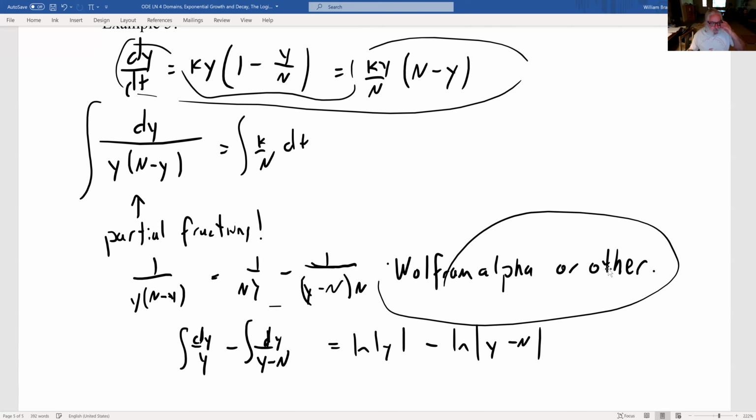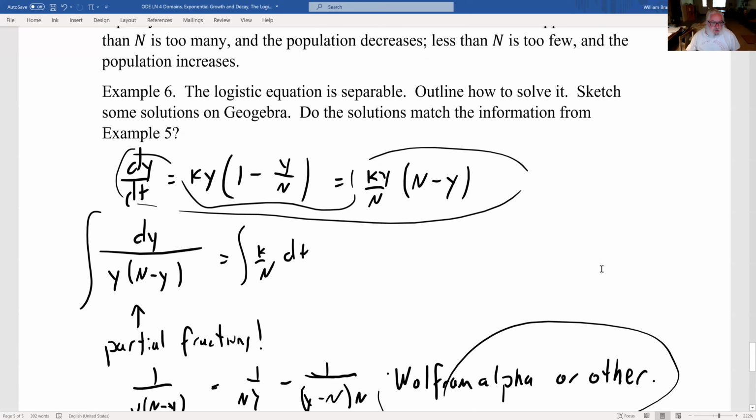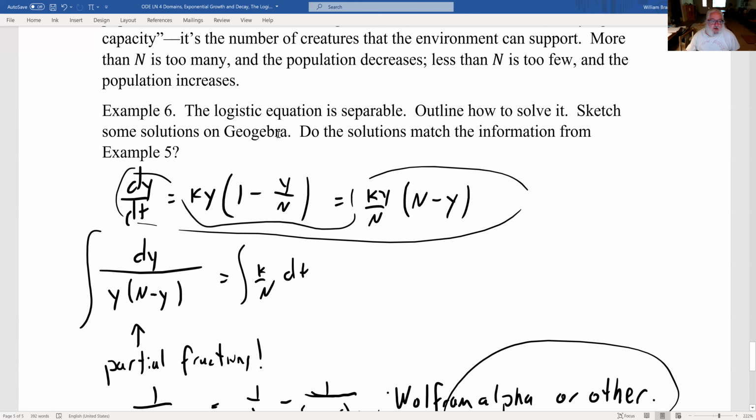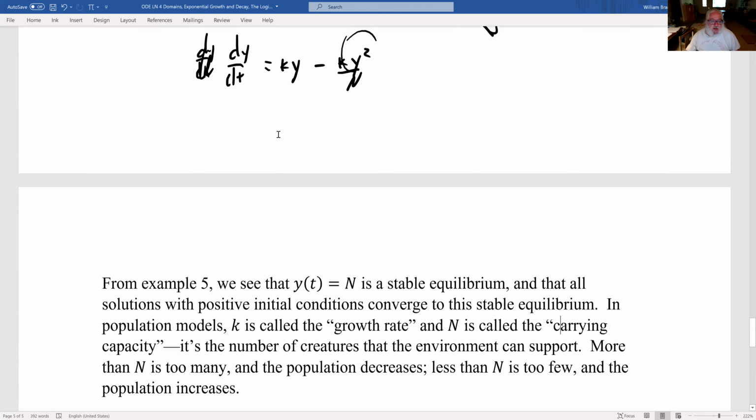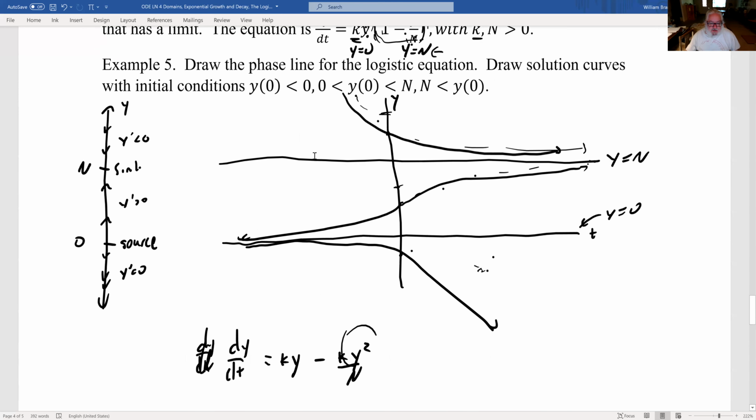But yeah, go to Wolfram Alpha to deal with partial fractions, and remember that when you're integrating partial fractions, you get logarithm terms. So we're going to actually go to GeoGebra to look at some solutions. If we look at our solutions here, and we think about the domains, for solutions in here, the domain should be all t.